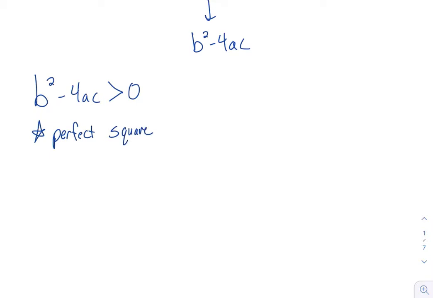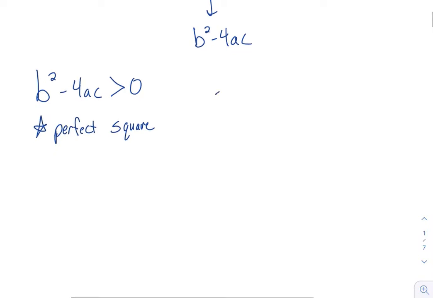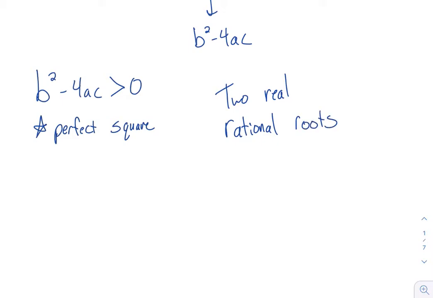When this happens, the kind of solution you're going to get are two real rational roots. Since it's positive inside the radical, they'll be real. And since it's a perfect square, the radical will eventually disappear and simplify, which makes it rational.